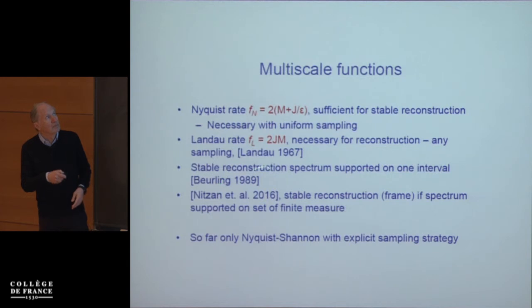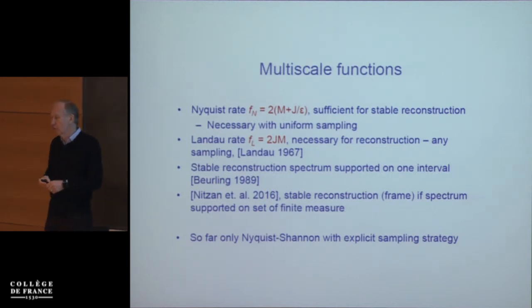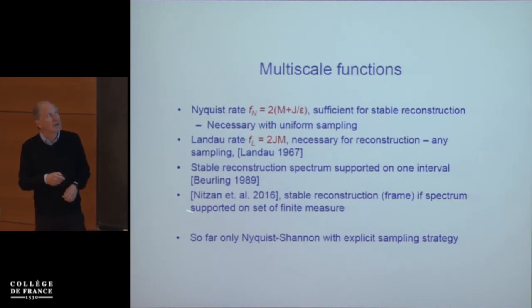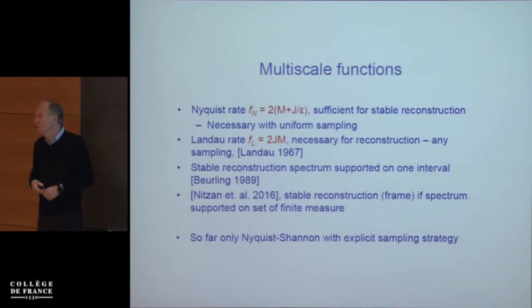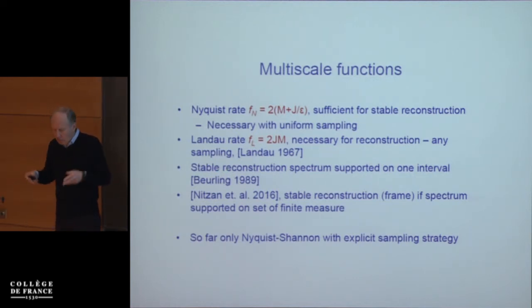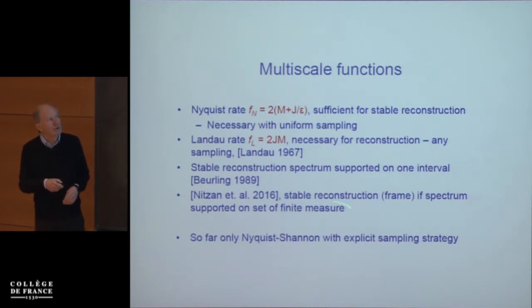Then people have looked at several intervals and different kinds of sets, and the more general result right now stands that you can do a stable reconstruction, studied as a frame, if the spectrum is supported on a set of finite measure. Of course, all of these general measure results were done using an open cover, and then results of this type for each individual. So the question is, do these constants blow up or not if the set is not bounded, but of finite measure?